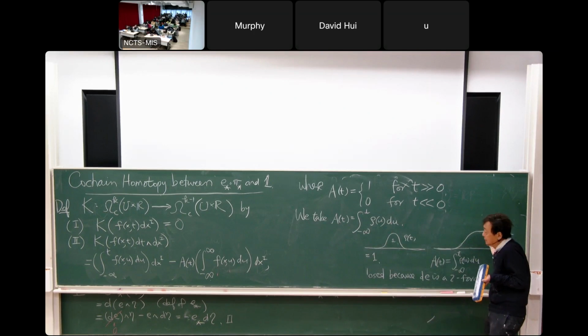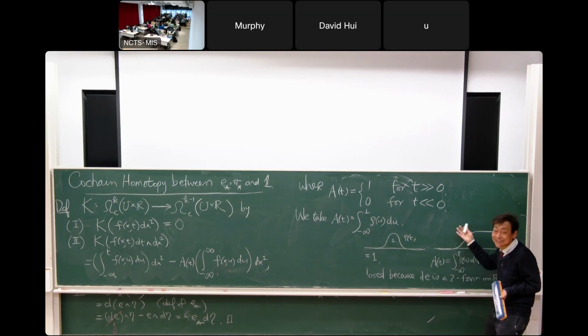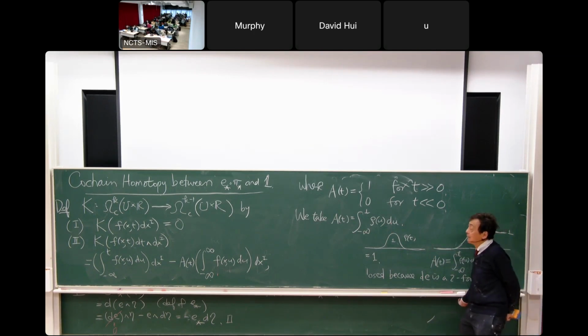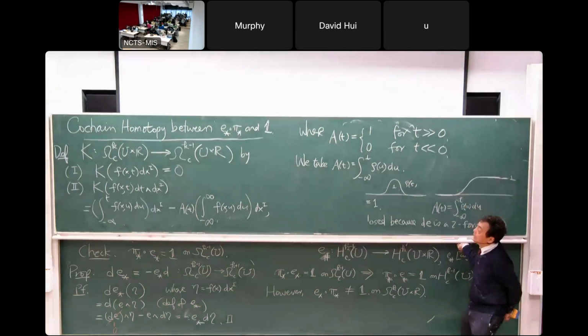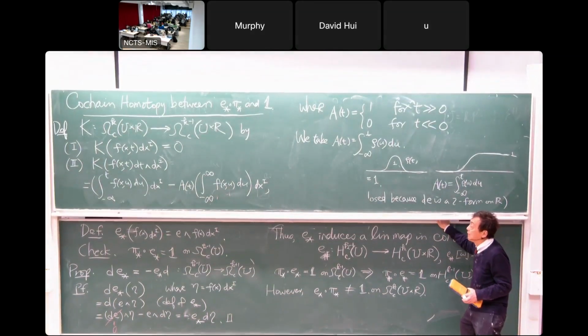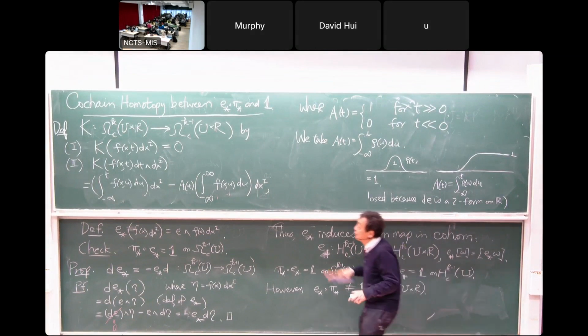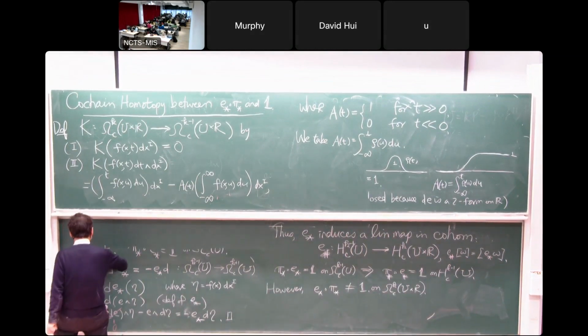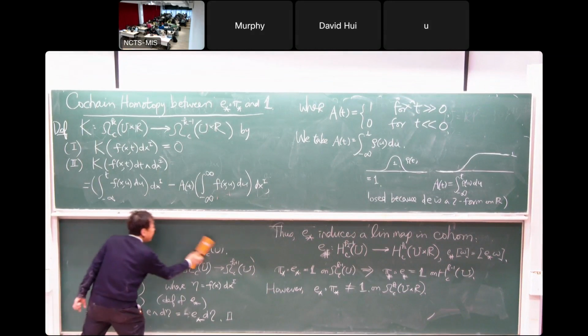Well, I didn't plan this, but it just ended up this way so perfectly. And so that's our formula. And that's the only way to define integration along the fiber while preserving compactness.